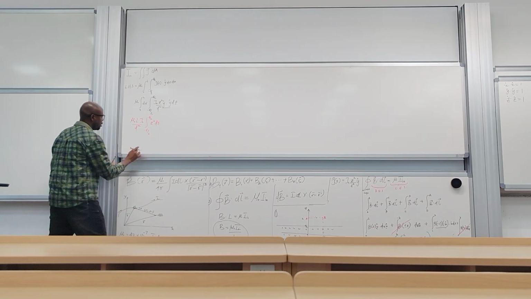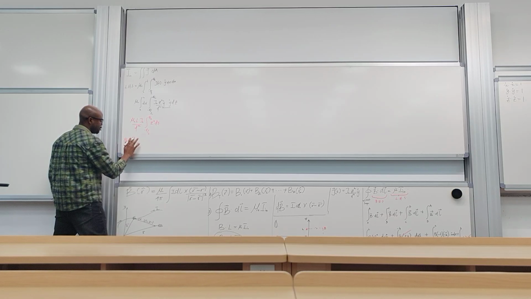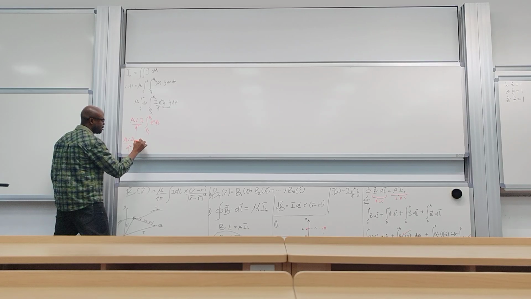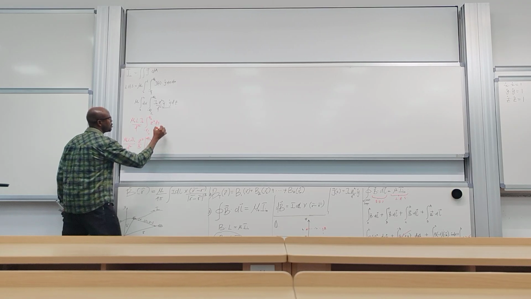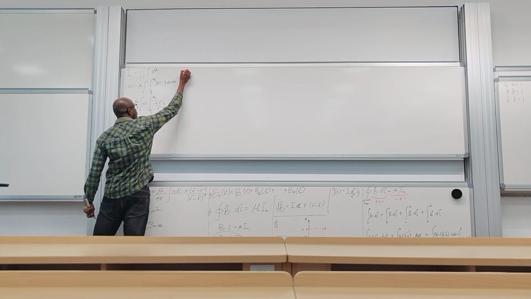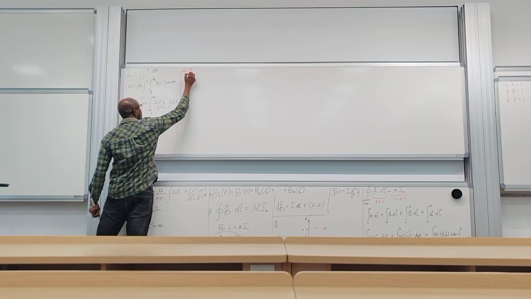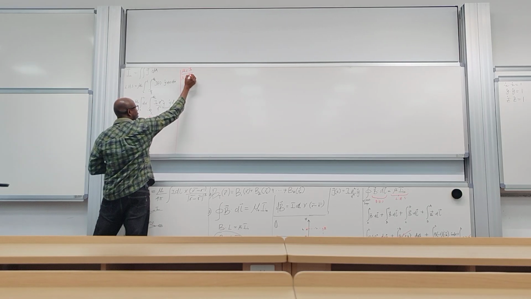And this gives me mu naught L j naught over d squared times z cubed over 3, then the limit of the integral. This gives me mu naught L j naught over d squared, with the 3 here.